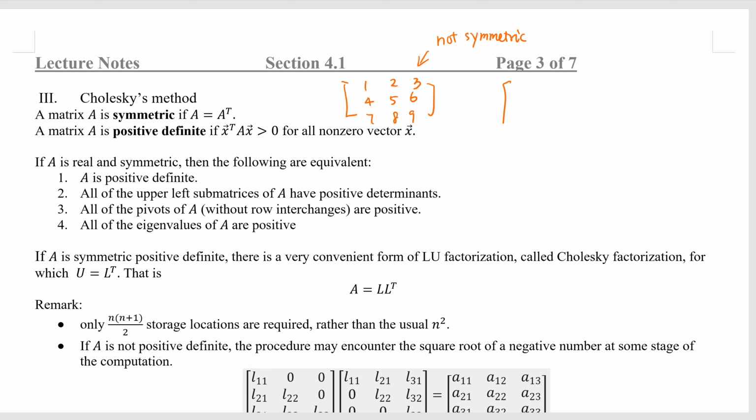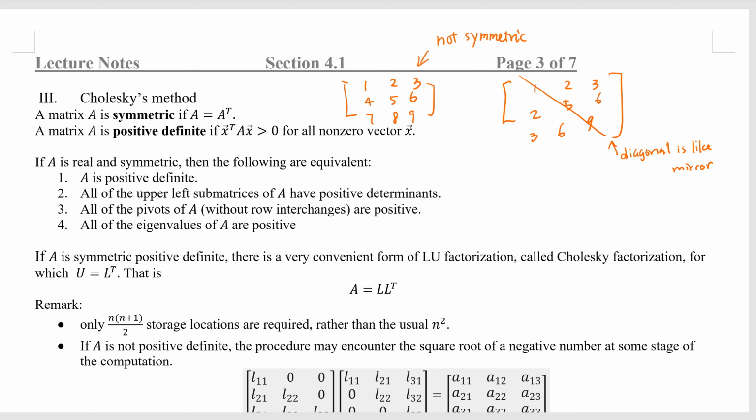Symmetric means, well, let's say you have this on your diagonal elements. If this is 2, 3, 6, this guy is like a mirror, right? Then this guy should be 2, and then this guy should be 3, and this guy should be 6. So the diagonal is like a mirror.